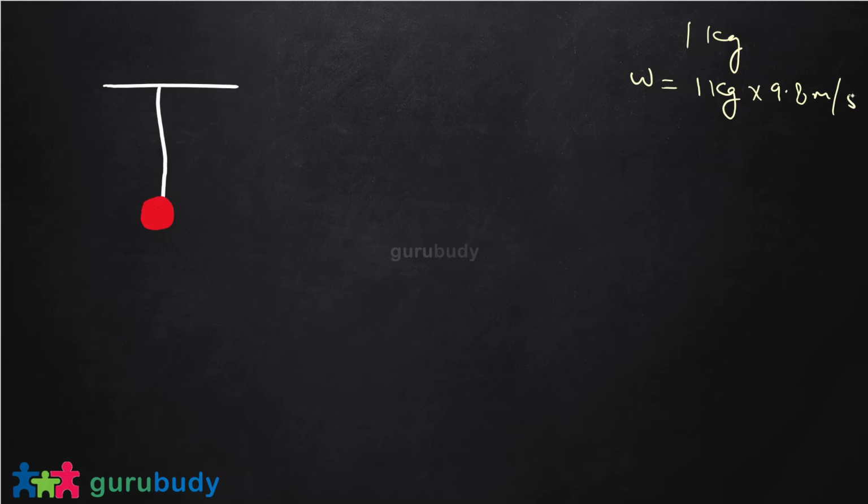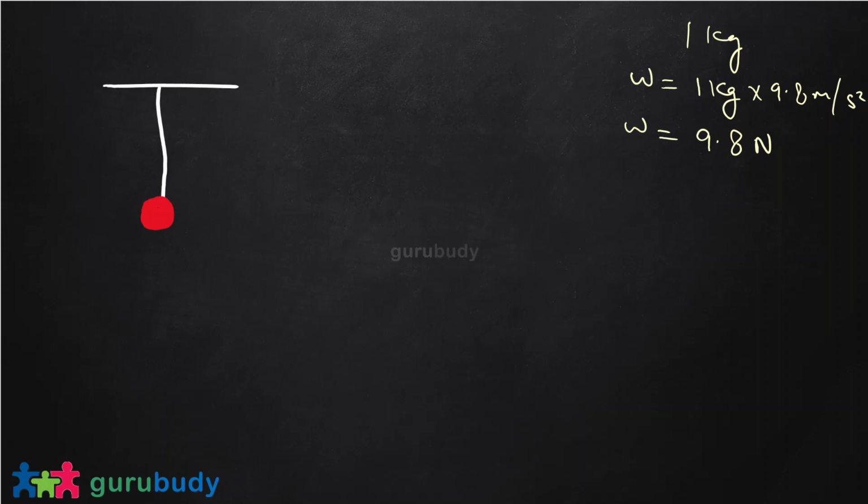All right, so let's consider we have a rubber string, and on the bottom of it, it is tied to a stone. Okay, if the mass of the stone is 1 kg, then the weight of the stone is going to be 1 kg multiplied by 9.8 meter per second square. That is going to be 9.8 Newton.